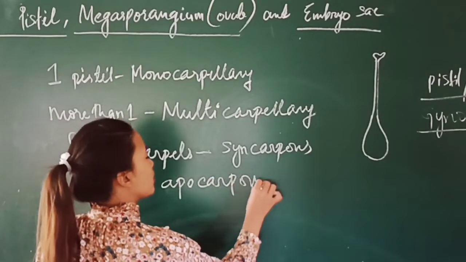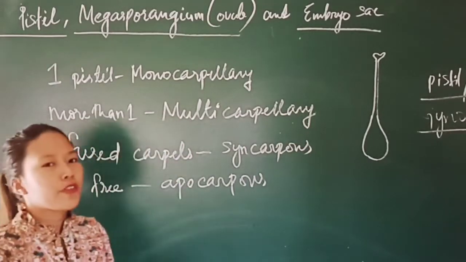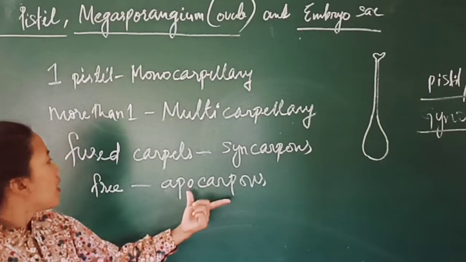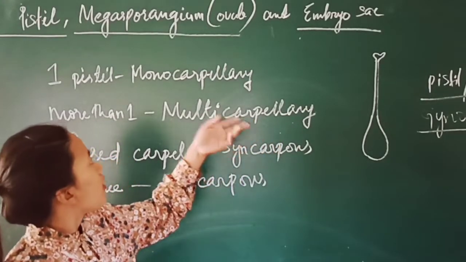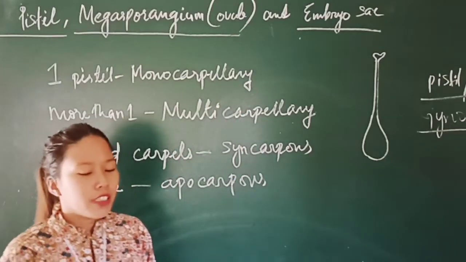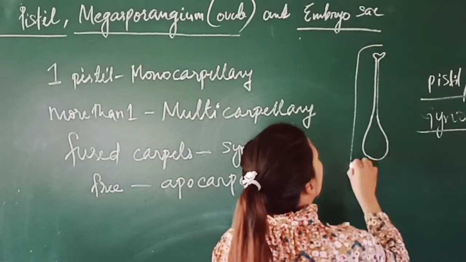So based on the structure of the pistil, flowers can be of different types: apocarpous flower, syncarpous flower, multicarpellary flower, monocarpellary flower, like that. Okay. Now we will talk about this pistil in very detail.